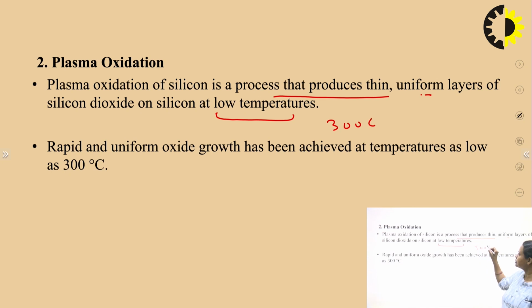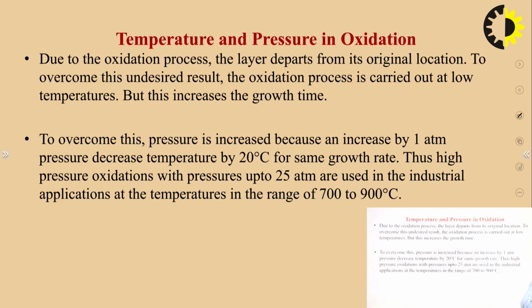In the previous one we have seen the temperature rises up to 1000 and 1200 degrees Celsius, but this plasma oxidation works at a temperature of around 300 degrees Celsius. Okay, so I think both the techniques, thermal oxidation and plasma oxidation, are clear to you.